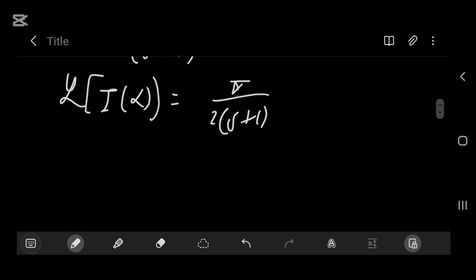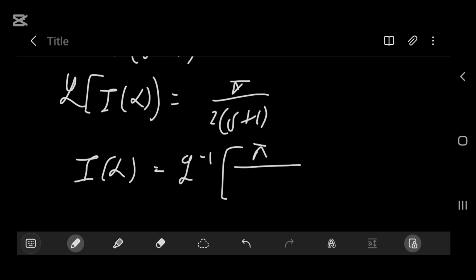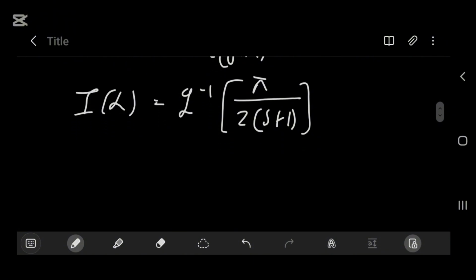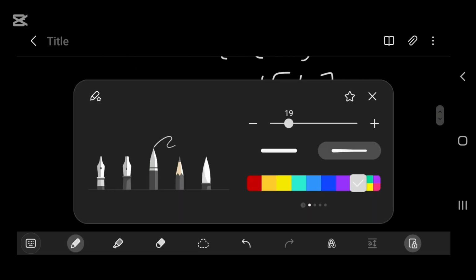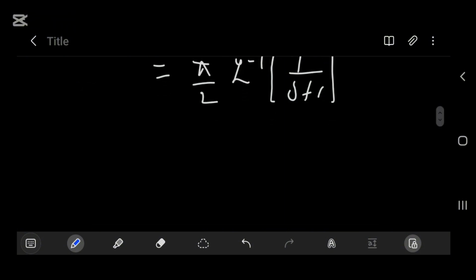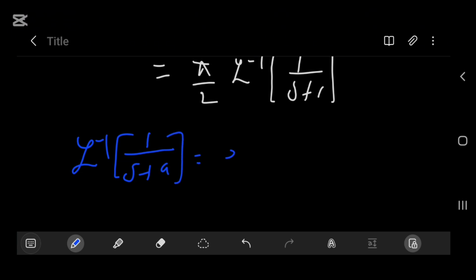By taking the Laplace inverse on both sides, we'll have I of alpha equal to the inverse Laplace of pi over 2 times s plus 1. We can take the constants out, so we're left with pi over 2 times the inverse Laplace of 1 over s plus 1. We know that the inverse Laplace of 1 over s plus a is e to the negative a t.